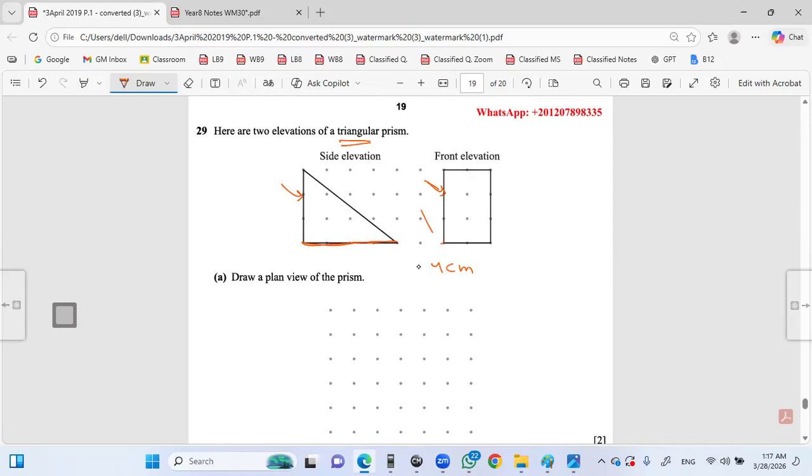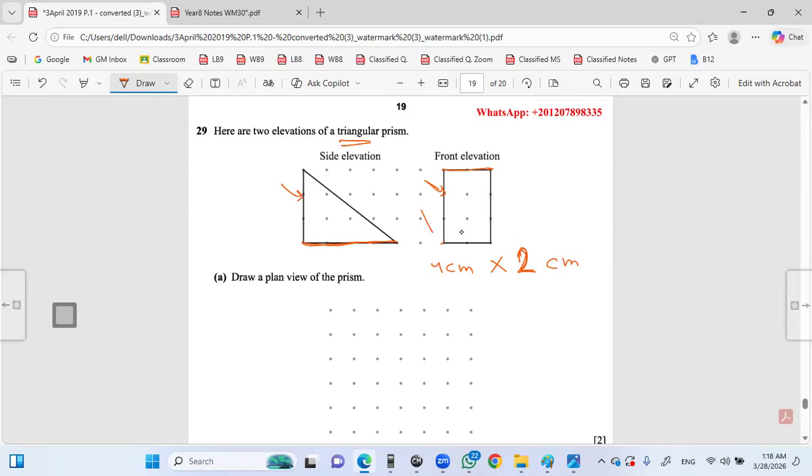And the width of the rectangle that you're going to see from the plan view, from the top, is 2 centimeters. So 4 centimeters by 2 centimeters is the rectangle that you're going to see from the top.